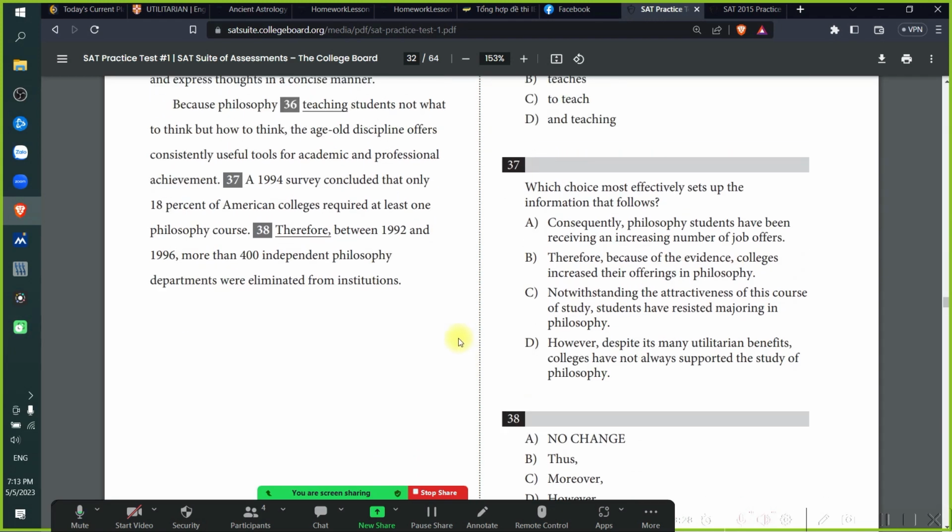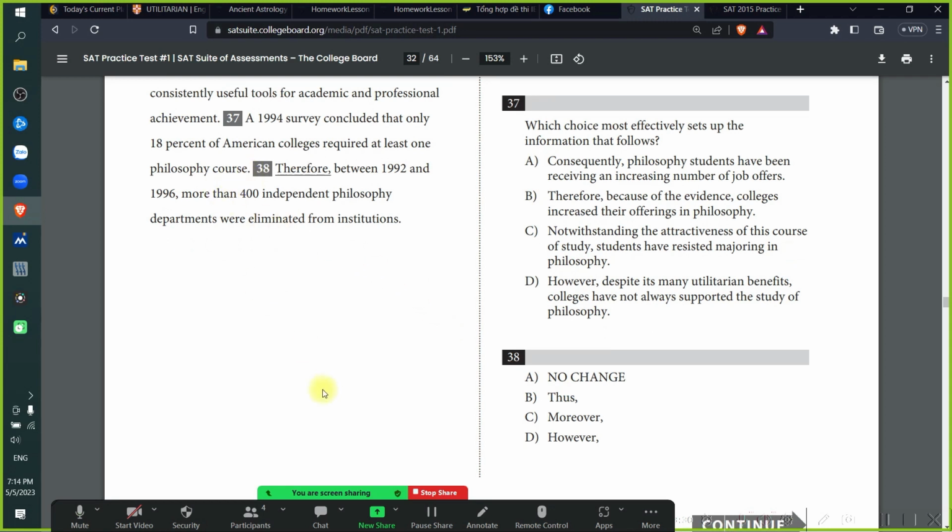37, 38. Moreover, C. Well, so between 1992 and 96, more than 400 independent philosophy departments were eliminated from institutions. So this one seems to provide more info.